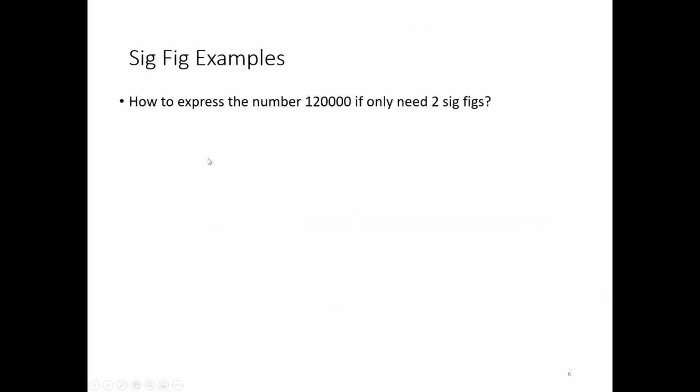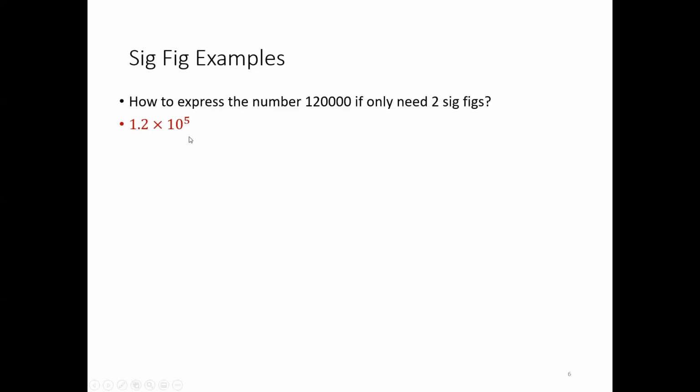Let's work on a couple examples. So remember the scientific notation, how to express the number. This is 120,000 if we only need 2 sig figs. We can write this as 1.2 times 10 to the 5th, right?